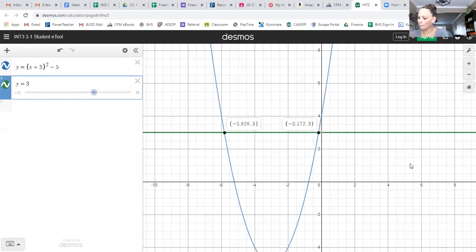So go ahead and you can sketch the graph in your notebook, and it doesn't need to be a very accurate graph, just a little sketch.